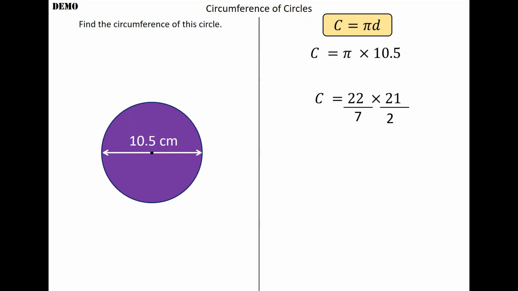That is 22/7 times 21/2. So you can easily divide it. So 2 times 11 and 7 times 3, you get 33. So the answer is 33 centimeters. Is it clear, everyone? So if you get any decimal point, make sure you convert those decimals into improper fractions so that you can easily divide or multiply.